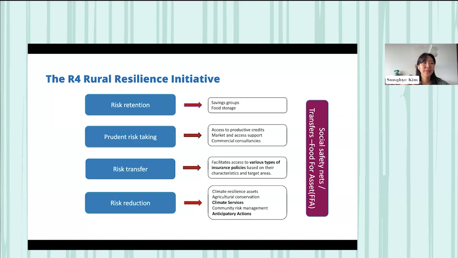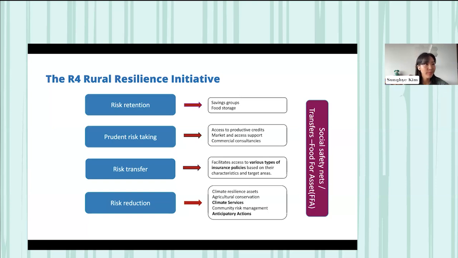Before diving into our DRF strategies, I'd like to briefly explain our R4 Rural Resilience Initiative, which is WFP's flagship program. This initiative supports vulnerable households with integrated climate risk management by combining four key strategies.